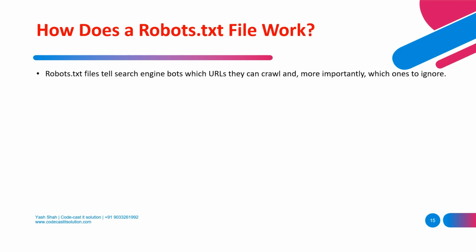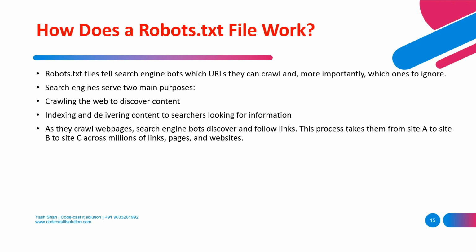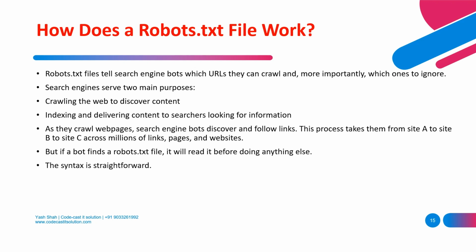Robots.txt files tell search engine bots which URLs they can crawl and, more importantly, which ones to ignore. Search engines serve two main purposes: crawling the web to discover content, and indexing and delivering content to searchers looking for information. As they crawl web pages, search engine bots discover and follow links. This process takes them from site A to site B to site C across millions of links, pages, and websites.